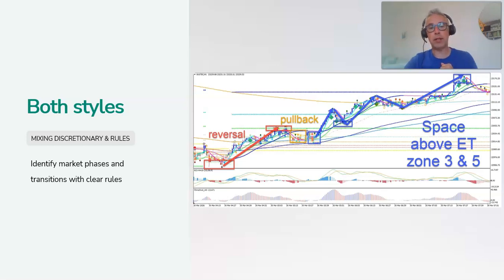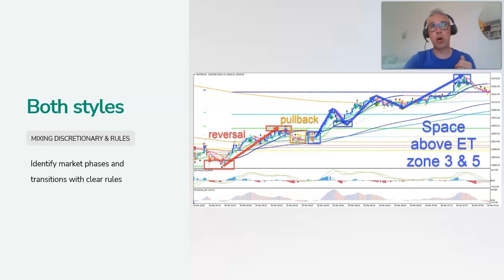So the FS method tries to help traders understand how to trade and how to analyze and understand the market, the chart patterns quicker and with more depth by identifying the market phases and transitions with clearer rules, making it less discretionary, and we have a kind of a mix of discretionary and rule frameworks.